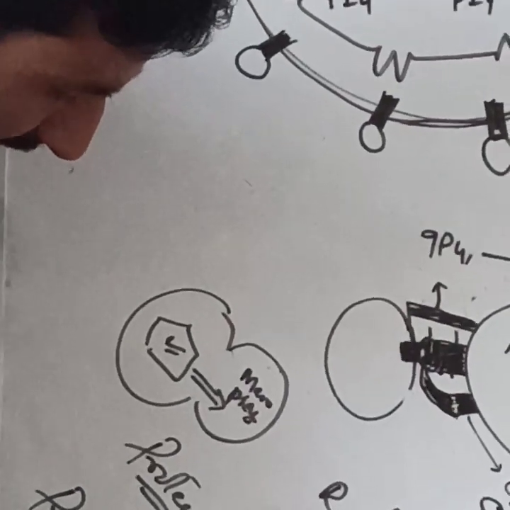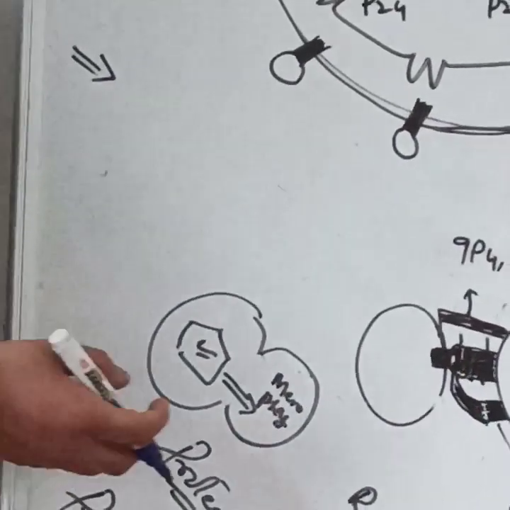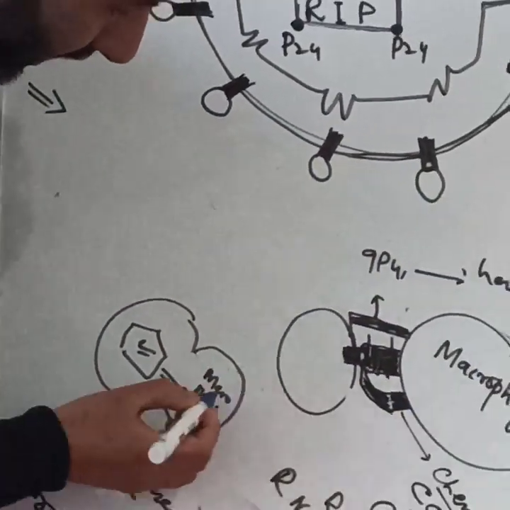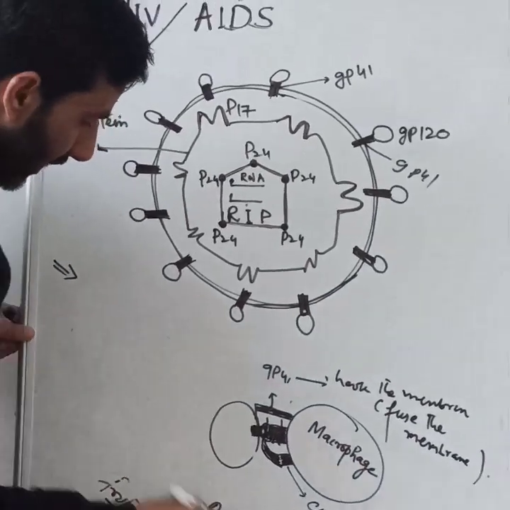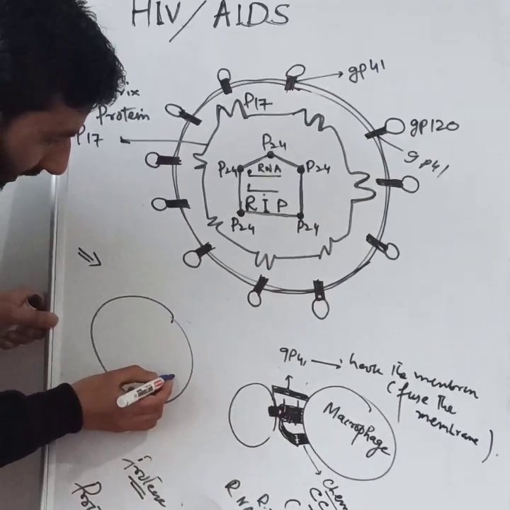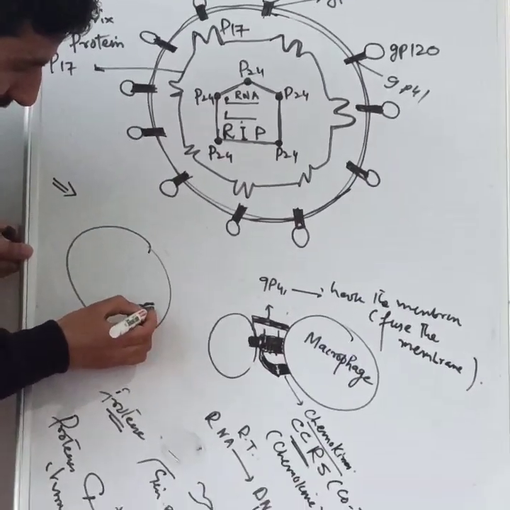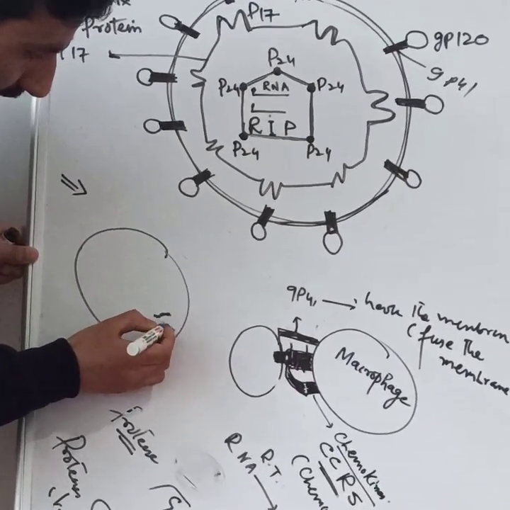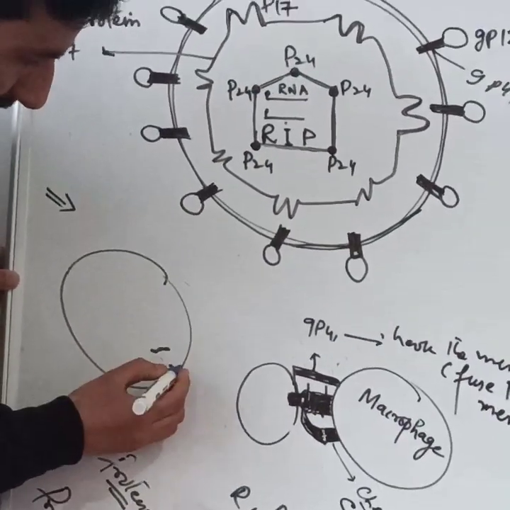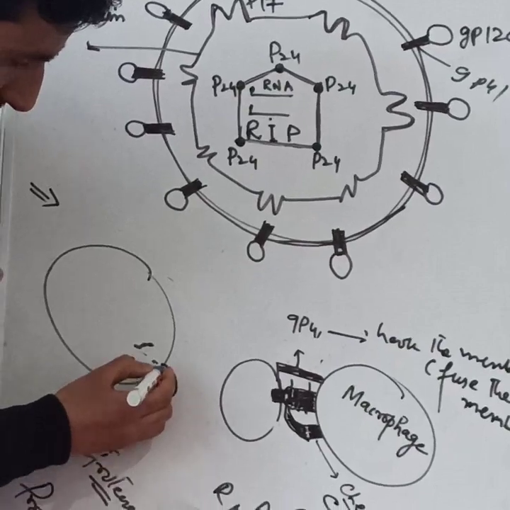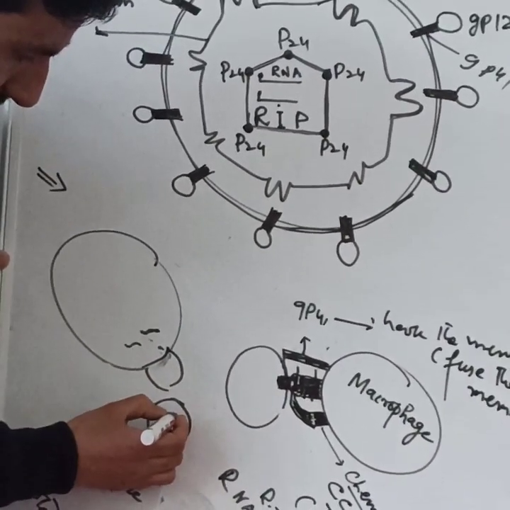Then these smaller proteins with this genomic RNA will bind together and form the new viruses, and they will now fuse with the membrane. When new viral proteins are formed here, they will bind and fuse with this membrane. This membrane will evaginate and come out like this in a lipid bubble.